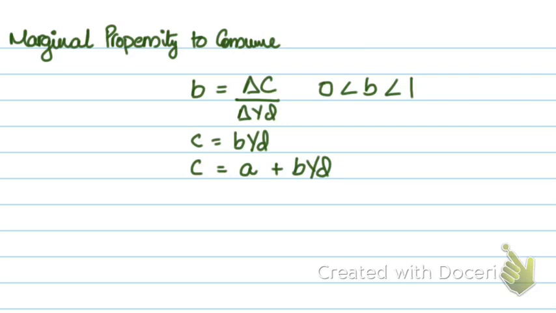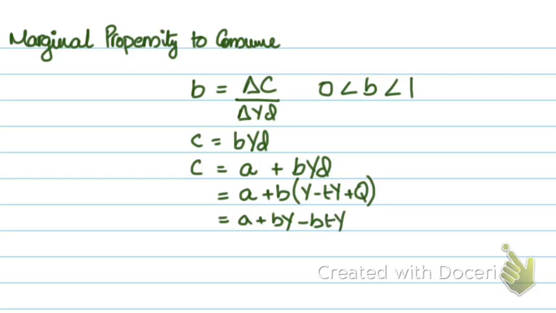So if we expand this, we get A plus B, and YD we said is Y minus TY plus Q. And if you open the bracket, we get A plus BY minus BTY plus BQ. So this here is our consumption function, the total consumption by a household in an economy, right?